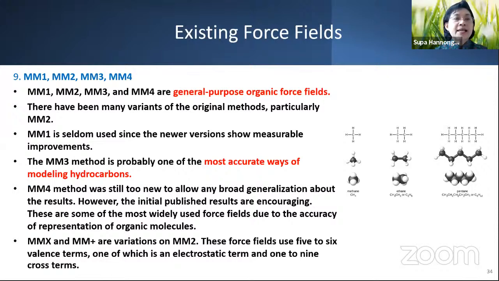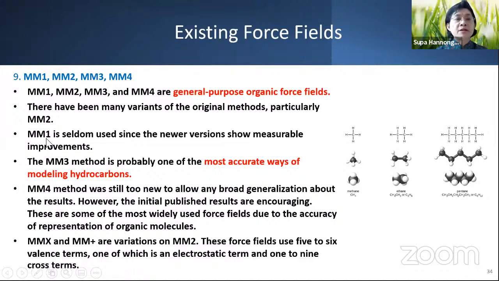And I would like to mention again the MM type, which is the gold standard of molecular mechanics. MM1, MM2, MM3, and MM4 are general purpose organic force fields, very famous to organic chemists. There have been many variants of the original method, particularly MM2.